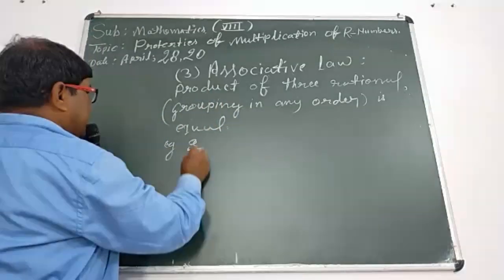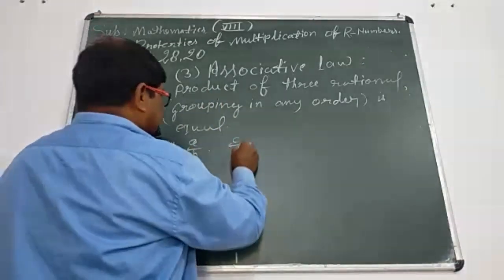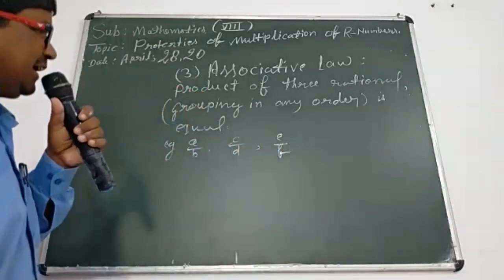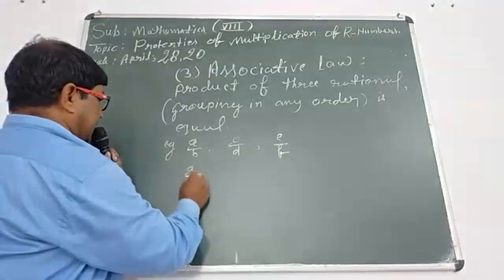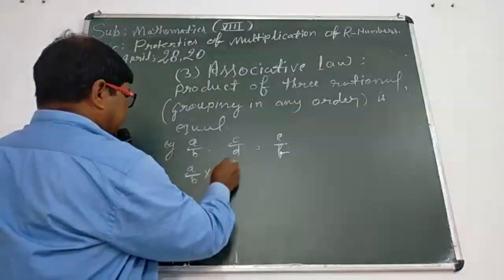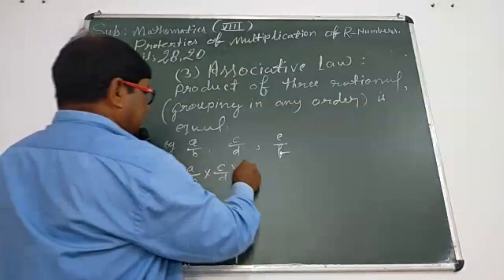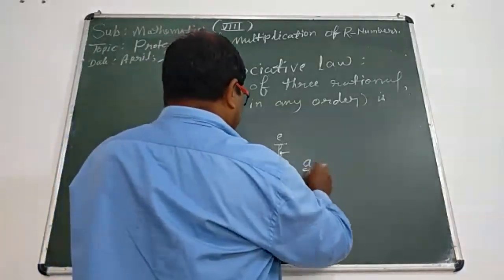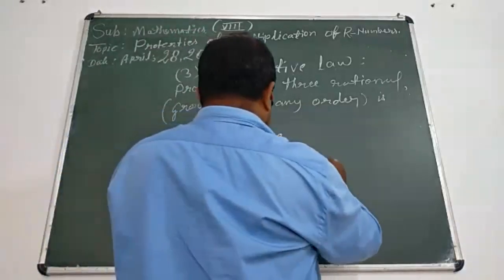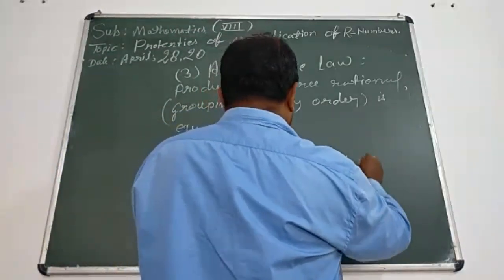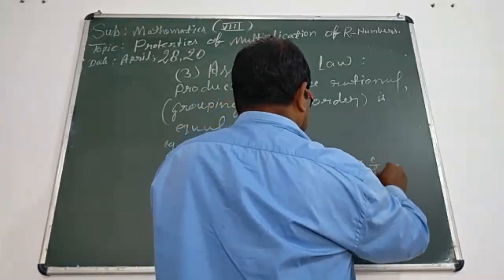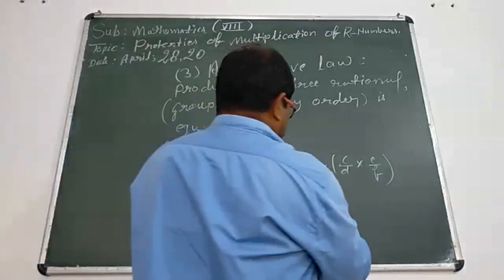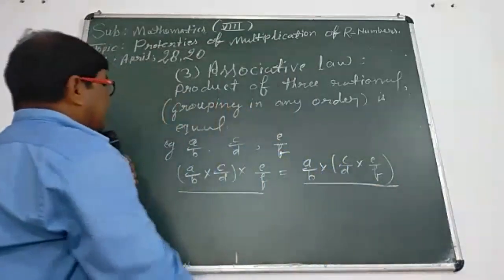A upon B is the first rational, C upon D is the second rational, E upon F is the third rational. Now you can write A upon B multiplied by C upon D multiplied by E upon F equal to A upon B multiplied by C upon D multiplied by E upon F, grouped in a different order. The product in this order and the product after this order are equal.